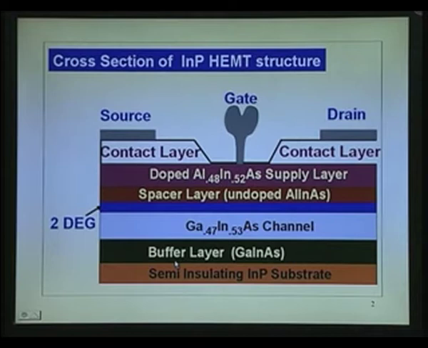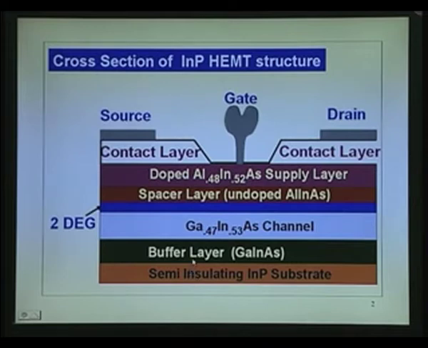In fact, just to remind you, I am showing this structure again, that is the indium phosphide based HEMT, where the structure is similar. On the top you have got a heavily doped layer, in this case aluminum indium arsenide, because it has lattice match with gallium indium arsenide, which has lattice match with indium phosphide.